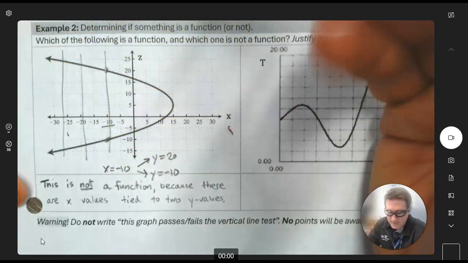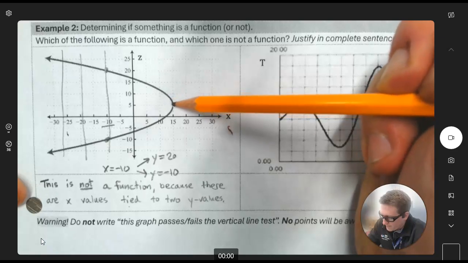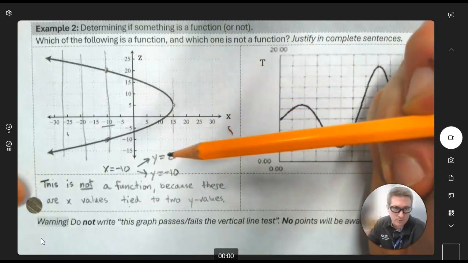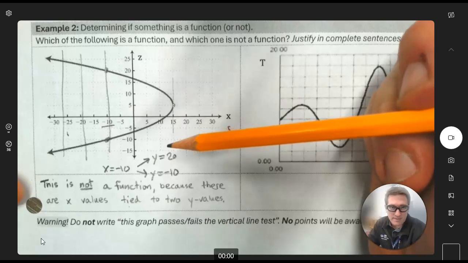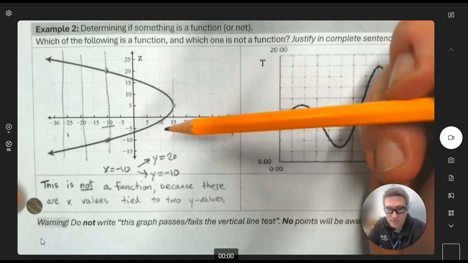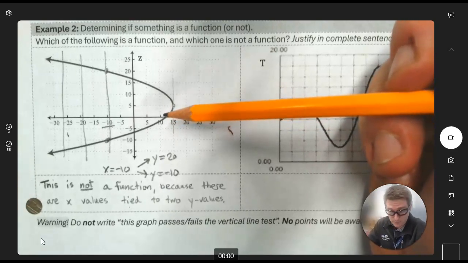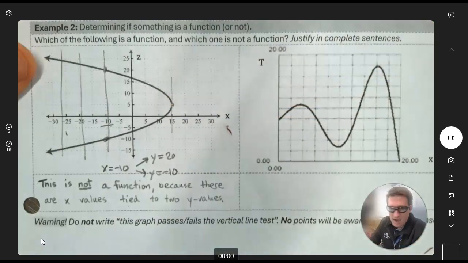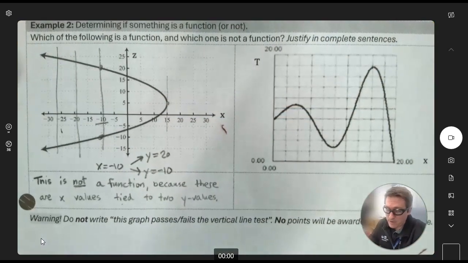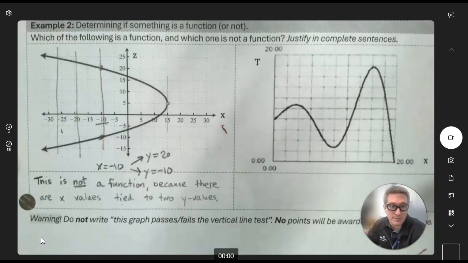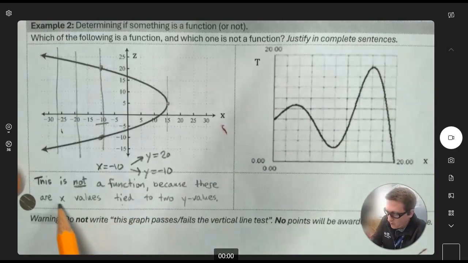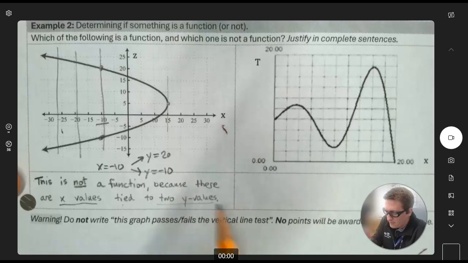This failed the vertical line test here. There's only one point right here at 15 where it passes the vertical line test. So in algebra class, to say that this is not a function, all you had to say was it failed the vertical line test. However, they don't want you to say that on the AP Pre-Cal exam. They want you to say that there are x values tied to two y values.